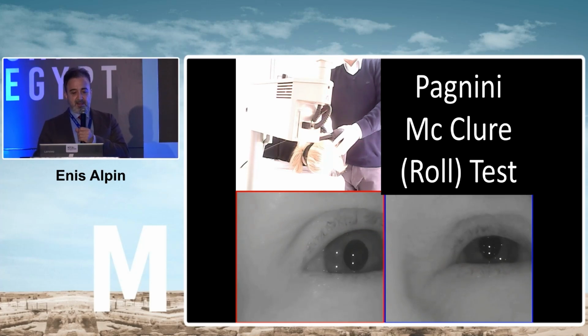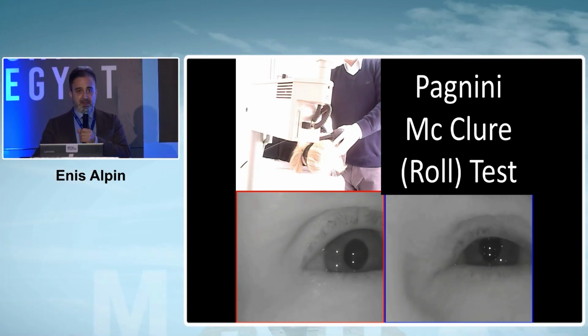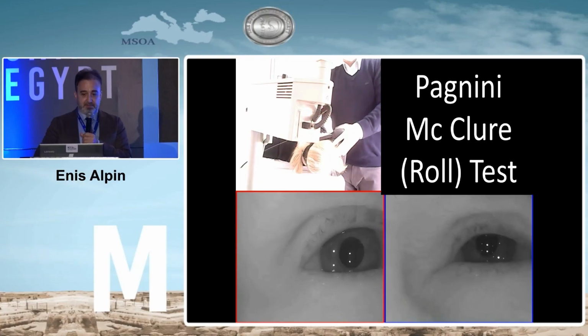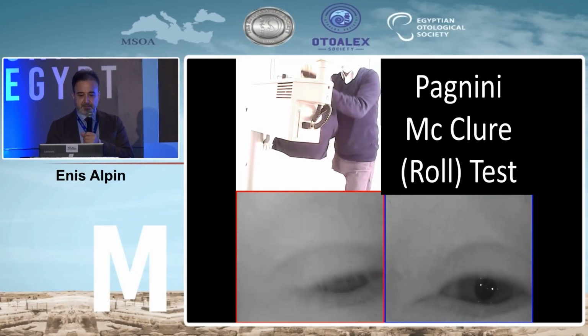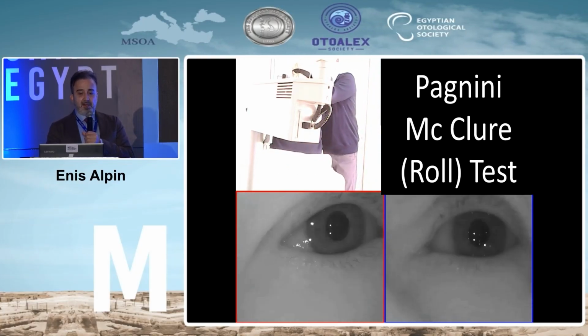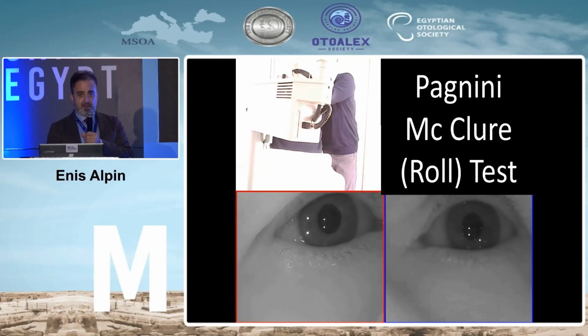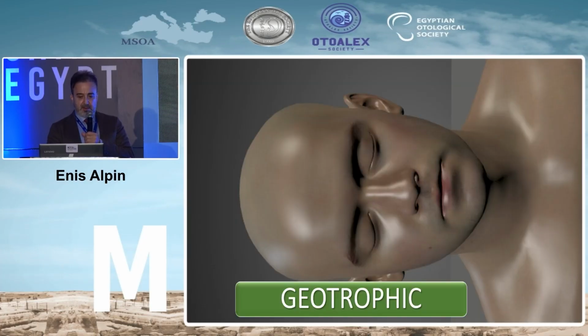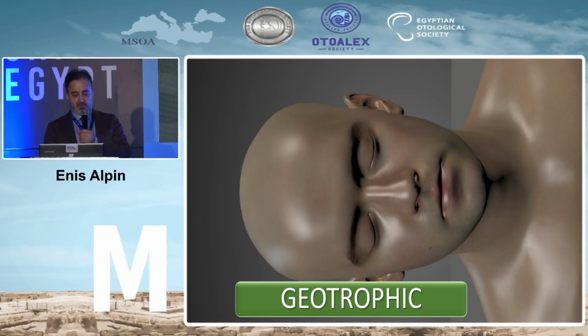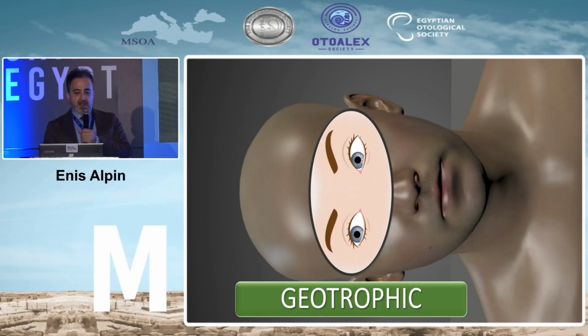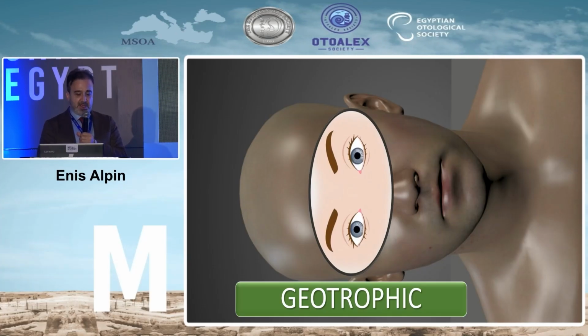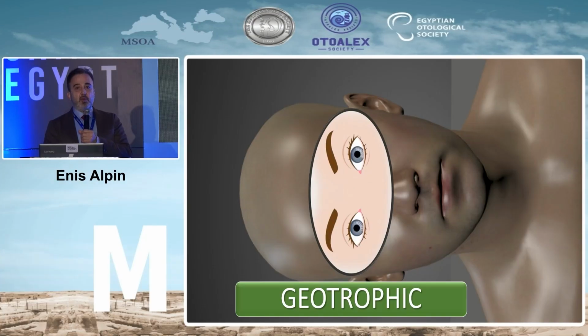The test of horizontal canal BPPV is the roll test, which is named after Pagnini and McClure. We simply put the head in 30-degree elevation and switch sides between left and right. We shall notice two kinds of nystagmus. The first one is geotropic, which means towards the ground.